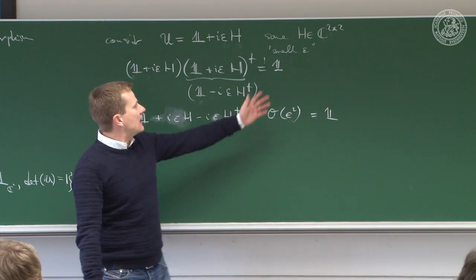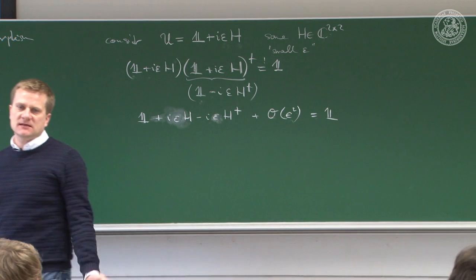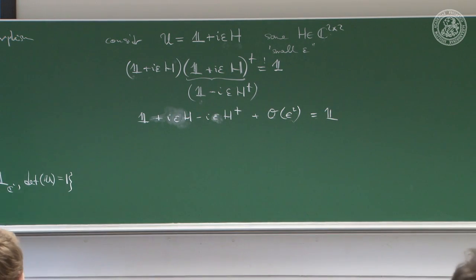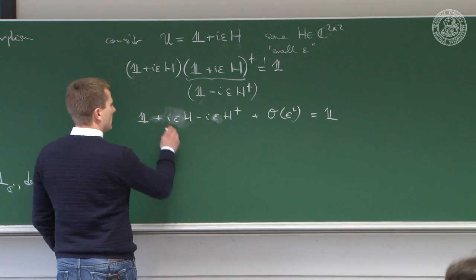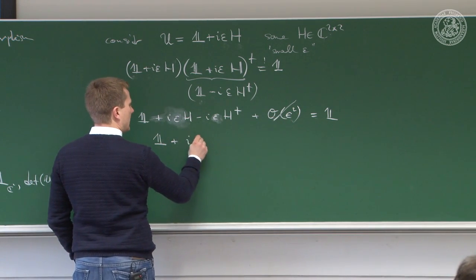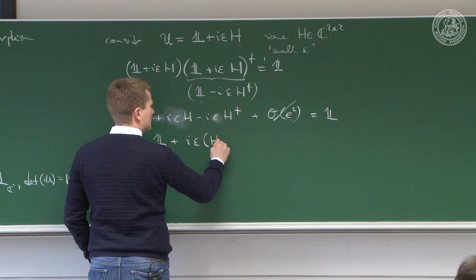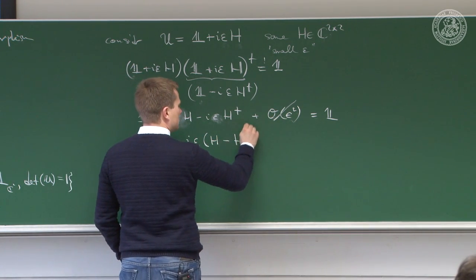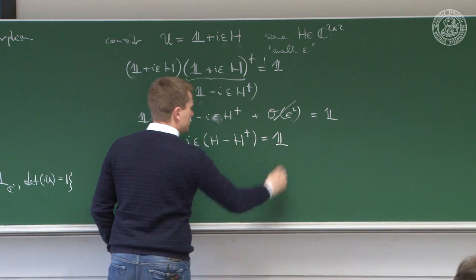Now, if we make epsilon small, or in other words, if we take the derivative with respect to epsilon at 0, what we see is that we can neglect this term, and we get 1 plus i epsilon times (h minus h dagger) is the identity.